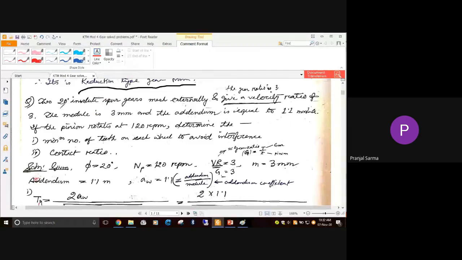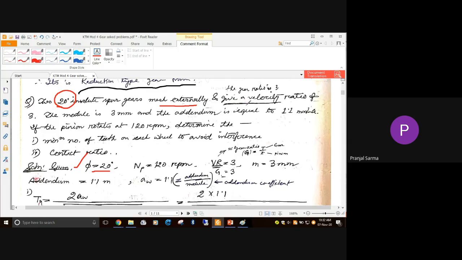So what are the things? Whenever this kind of angle is given, 20-degree involute spur gear, with external meshing, this 20 degrees is nothing but the pressure angle that we are talking about. So from the given data we can write the pressure angle phi equal to 20 degrees. Next, they are meshed externally, which you may not write, but that is for your understanding, that means in which direction they rotate.